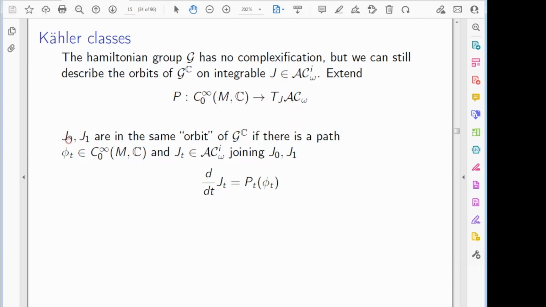And so then you could say that two complex structures are in the same orbit of the complexified group, which again doesn't exist, if there's a path of almost complex structures whose derivative is tangent to the action of the Hamiltonian group.